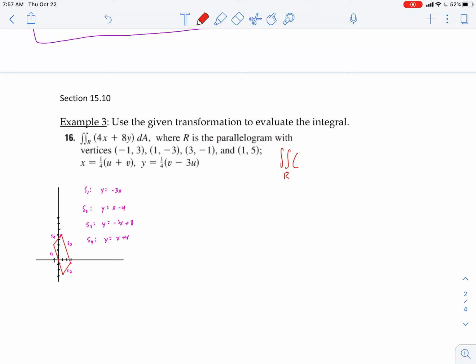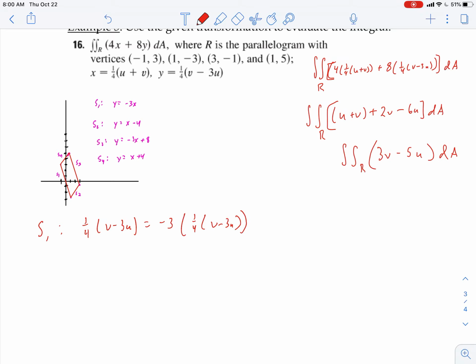The first thing I'm going to do is multiply both sides by 4. That gets rid of the fractions, so I'm left with v minus 3u, and then I can distribute the -3.